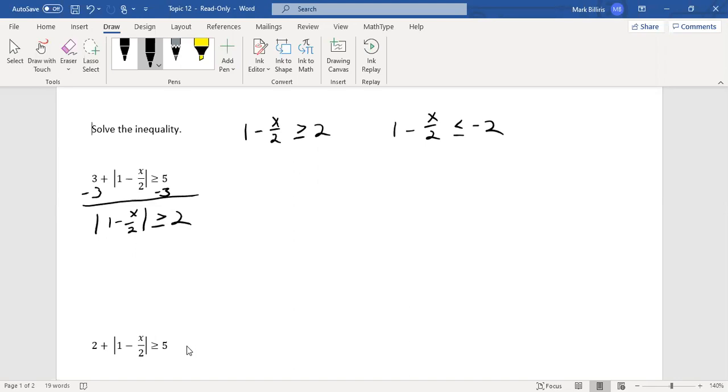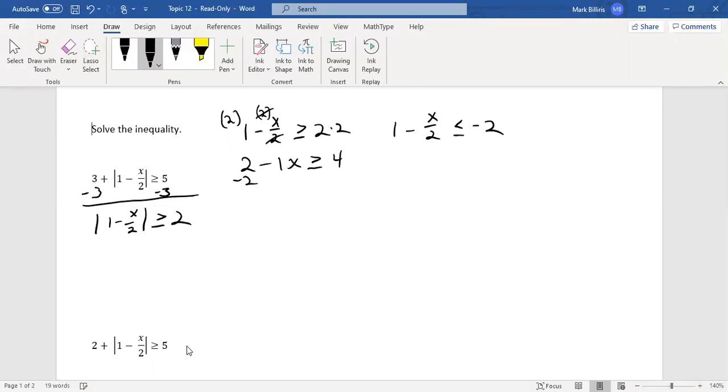Now we need to clear our fraction, so we're going to multiply by the LCD, which is 2. So when we do that, 2 times 1 is 2. The second one, the 2's reduced, and that leaves us -1x, and that's greater than or equal to 4.